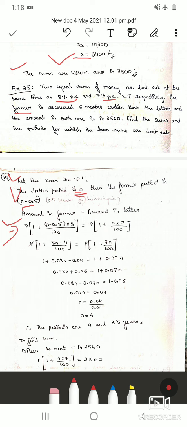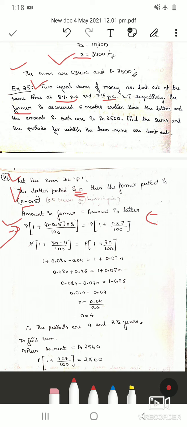So here we don't know what is P, but they have given two equal sums. So in both the rates of interest, the sum will be P. Therefore it is P into 1 plus former period is n minus 0.5 into percent is 8 divided by 100 is equal to, here it is P into 1 plus n into 7 by 100.